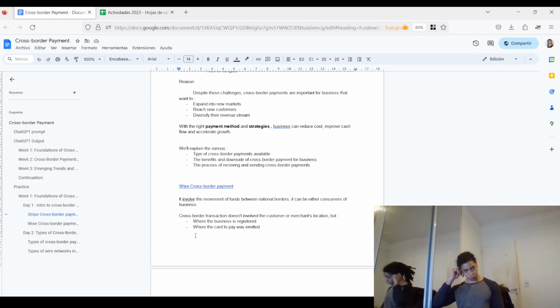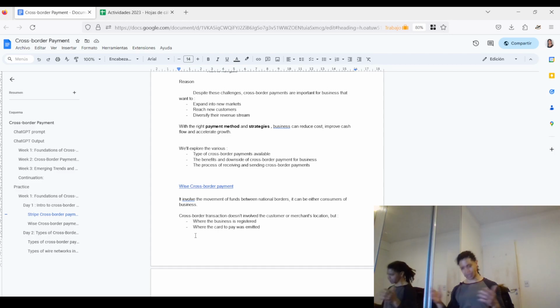And according to the Wise blog, it is where the business is located, and where the card used to pay was issued. And then I looked at the different types according to Stripe.